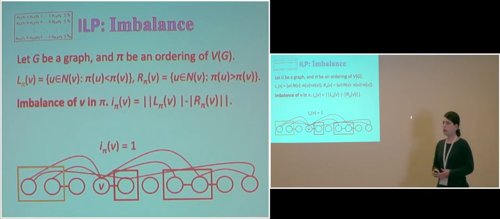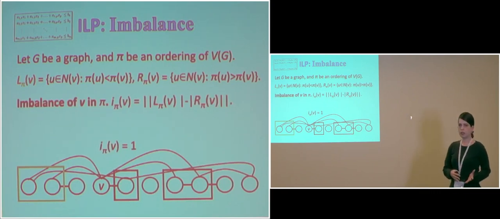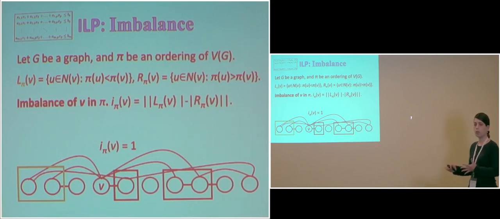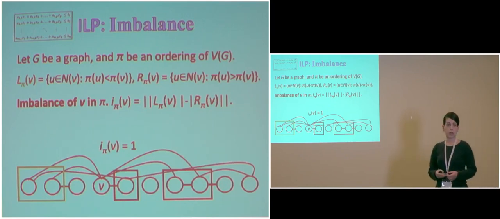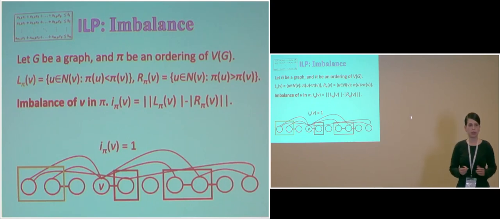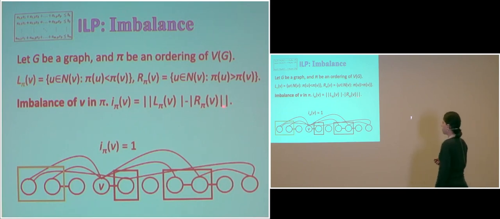Now what is the imbalance of V in this ordering? It's the difference between how many neighbors it has to the left and how many neighbors it has to the right, the absolute value of this. So this is the imbalance of the vertex V. You take the size of L pi V minus the size of R pi V and you take the absolute value.